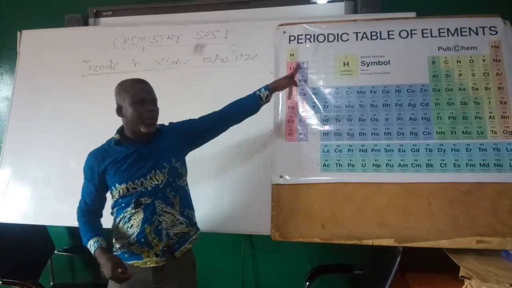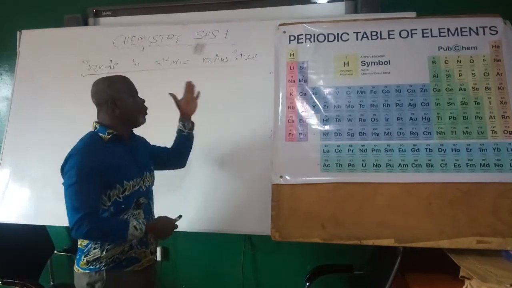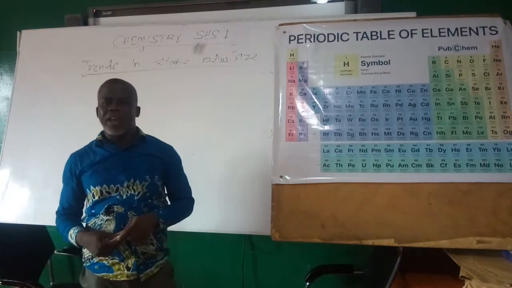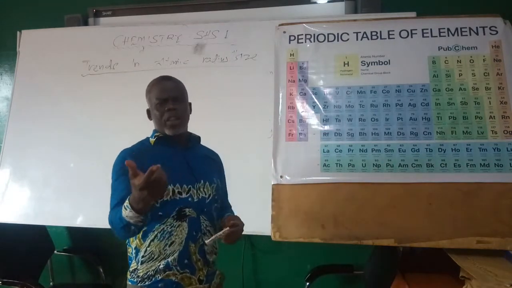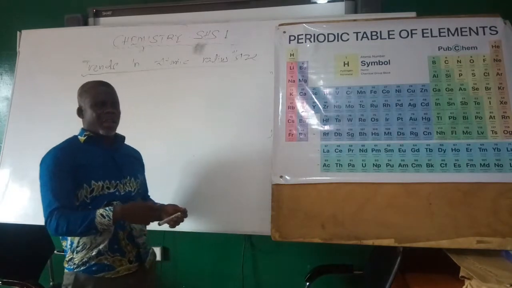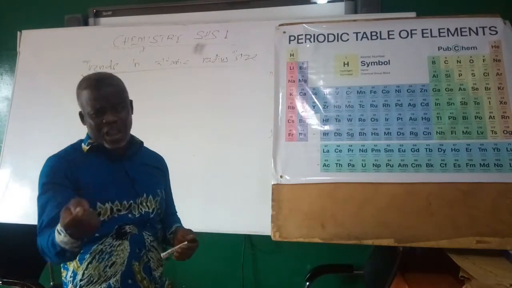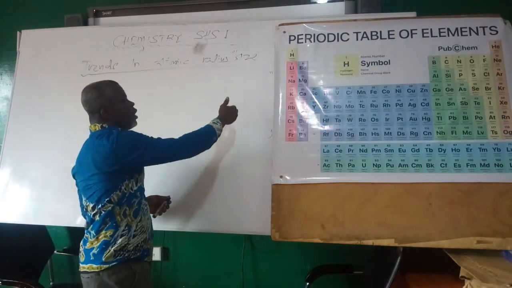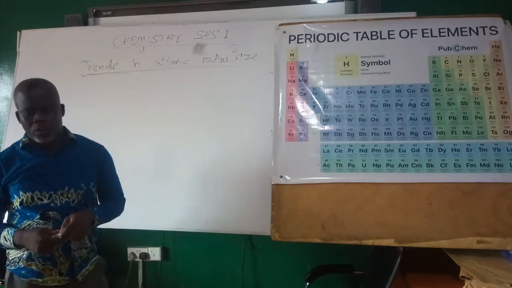After the core electrons block the attraction being exerted by the protons in the nucleus on the outermost electrons, the remaining attraction that gets to the valence electrons is what we call effective nuclear charge, and it plays a role in determining the size or the radius of the atoms. There is also the shielding or the screening effect, which is the reduced electrostatic attraction between the protons in the nucleus and the valence electrons.